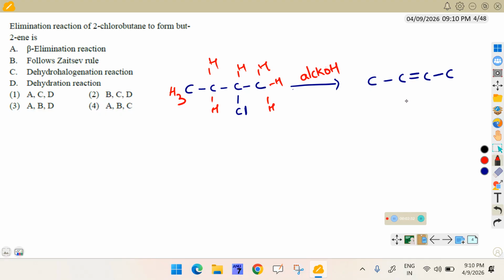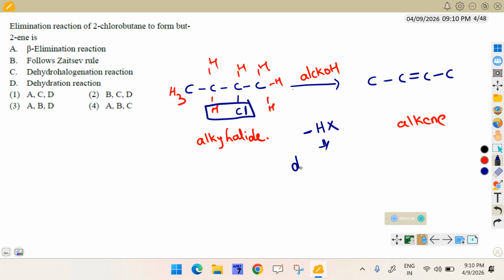Alkyl halide is converted to alkene. That means in this process we remove hydrogen and halogen, so dehydrohalogenation takes place.